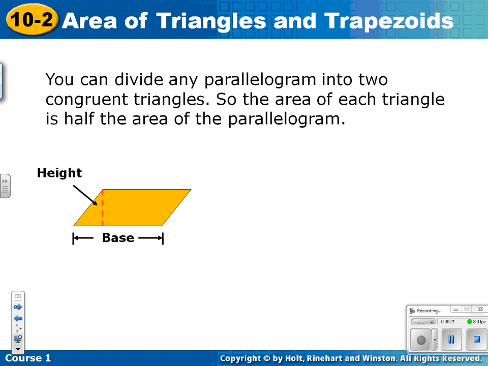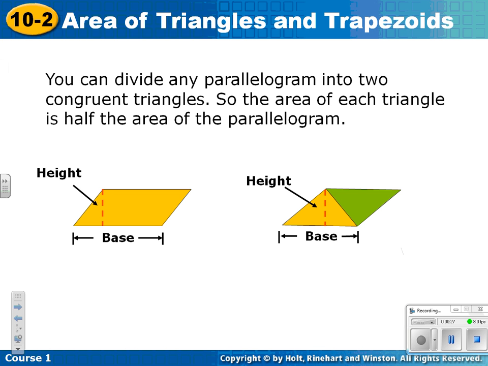Now, if you look at these triangles, first of all, this whole shape all together is what? It's a quadrilateral. It's a parallelogram. And you can break it into two congruent triangles, and this line breaks it into two congruent triangles.